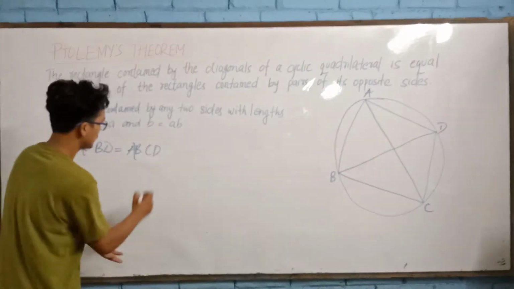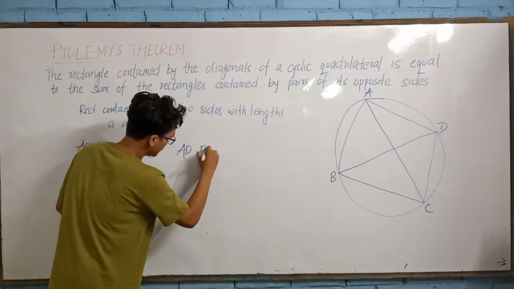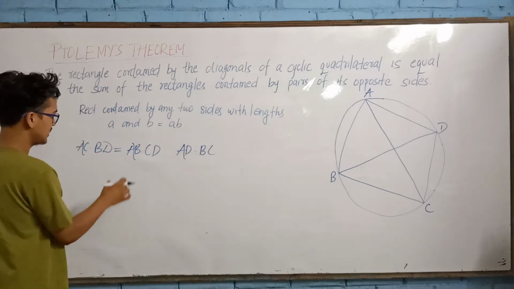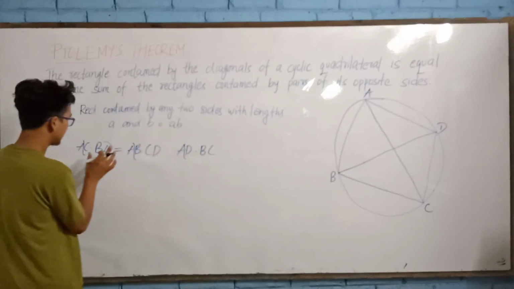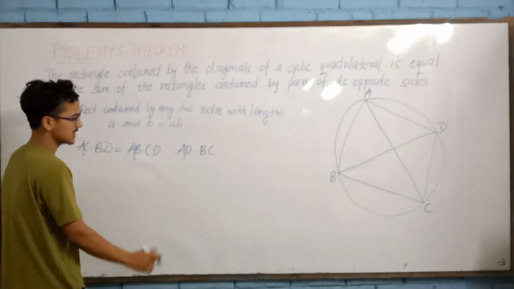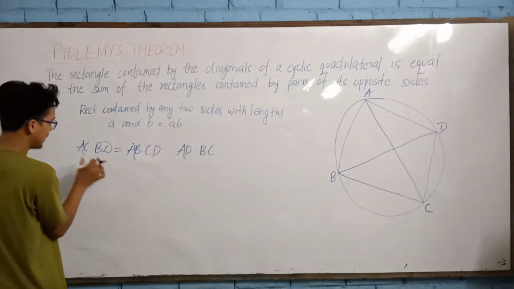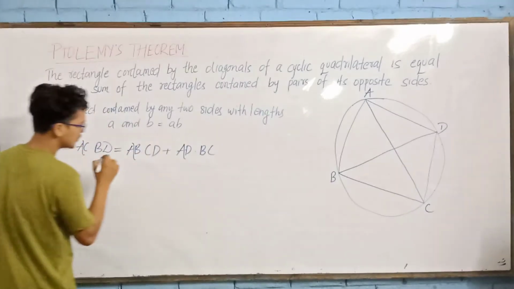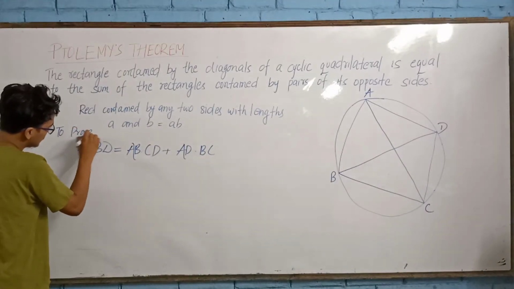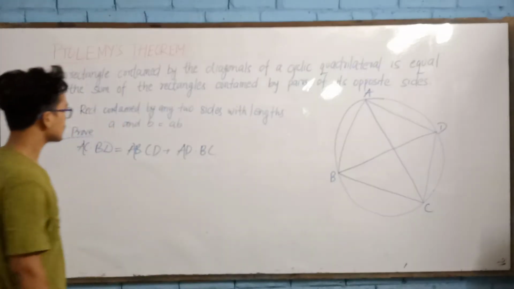The sum of these two will be equal to this. So basically we have to prove this: AC into BD equals AB into CD plus AD into BC.